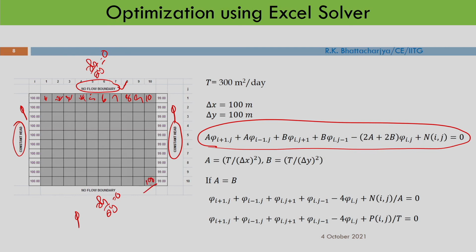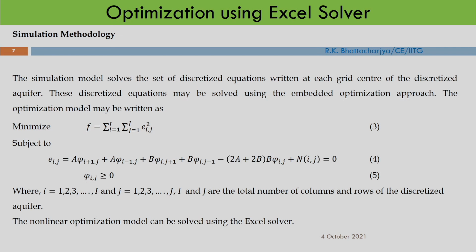I will get a total of 100 equations, and if I solve all these 100 equations, then I will get the solution of this problem. So, what I am doing here is formulating an optimization problem.